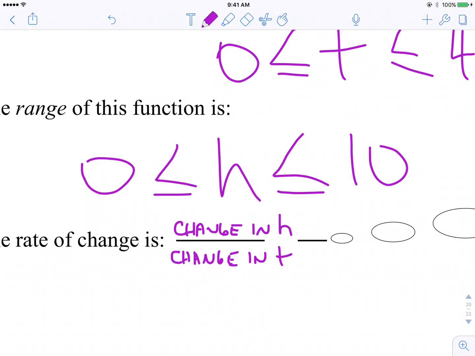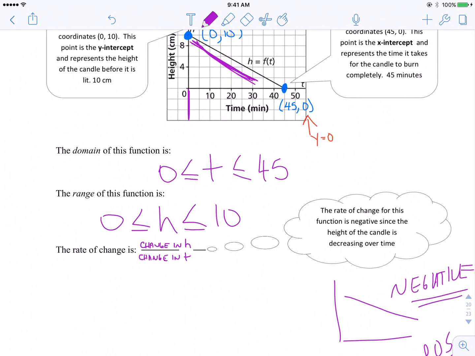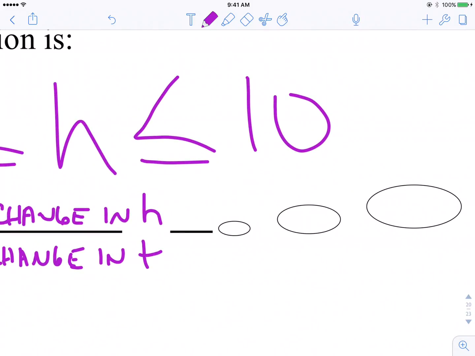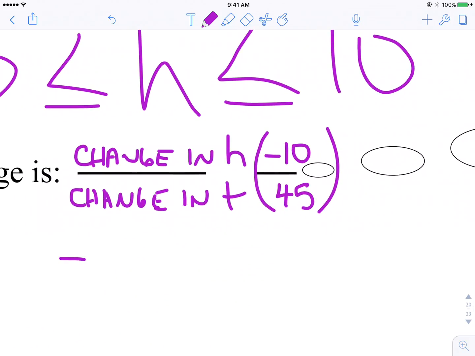In this case, if we just went with our x and y intercepts, it goes down 10 centimeters for every 45 minutes. So there's our rate of change, negative 10 over 45. We could reduce that to negative 2 over 9.